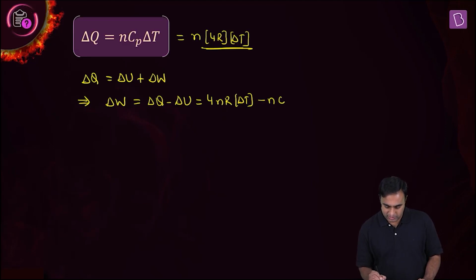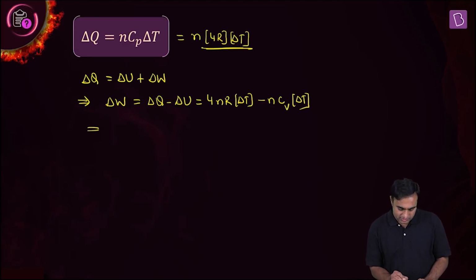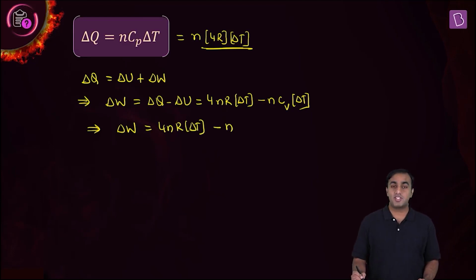So we have n Cv delta T, and in this case it is 4nR delta T minus n into, what is Cv? We just now found out that it is 3R. We have delta T here.